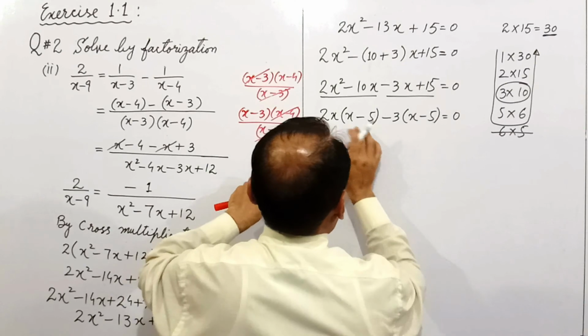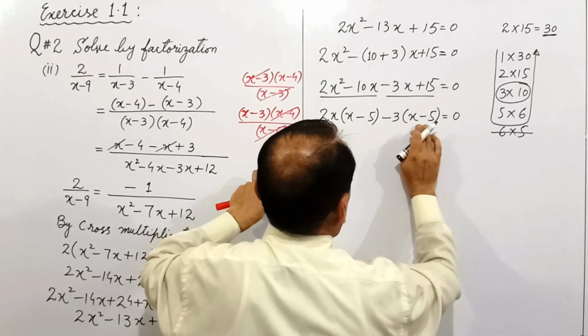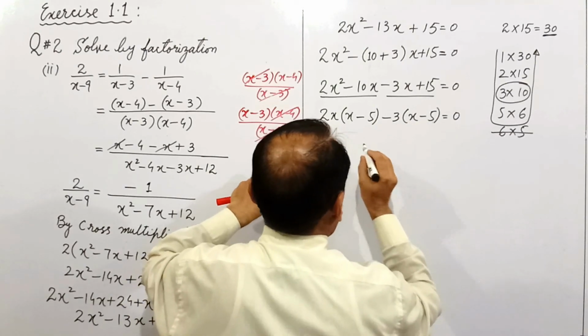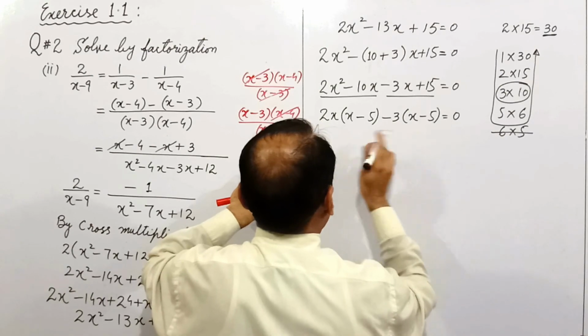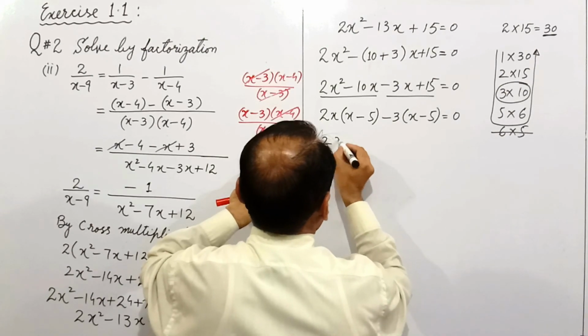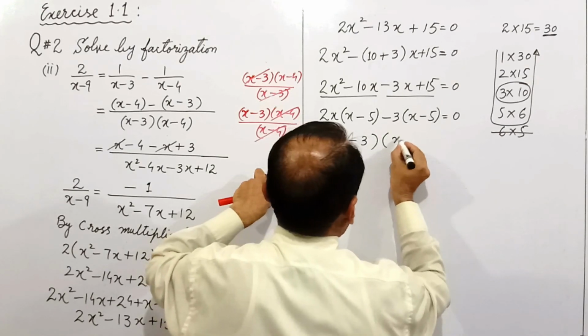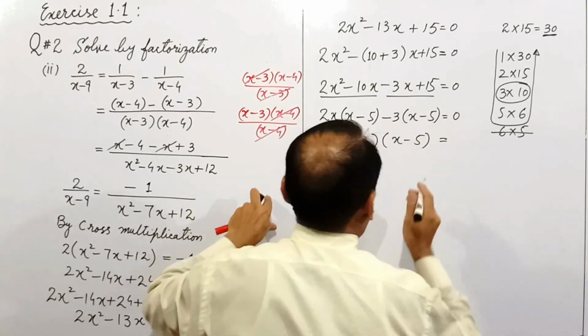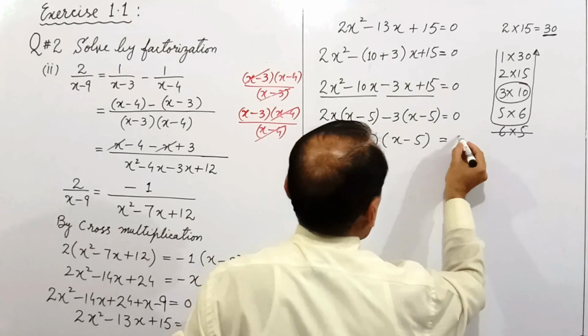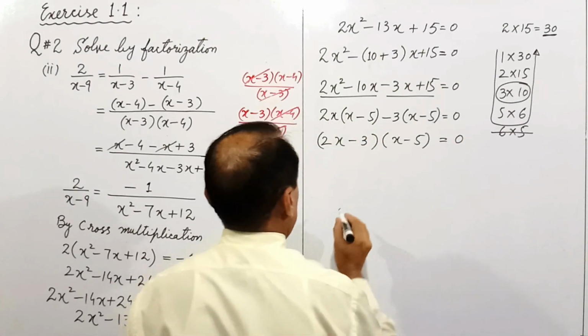So now in these two terms, x minus 5 is taken as common and written on the right hand side as a right property of taking common. So 2x minus 3 as a first factor and x minus 5 as a second factor, and 0 is left on the right hand side.